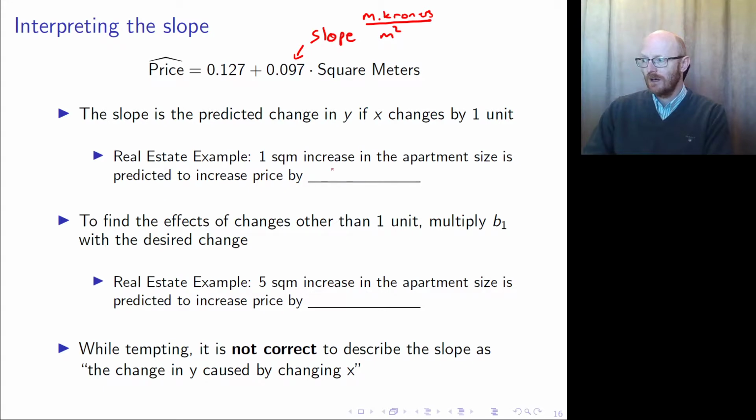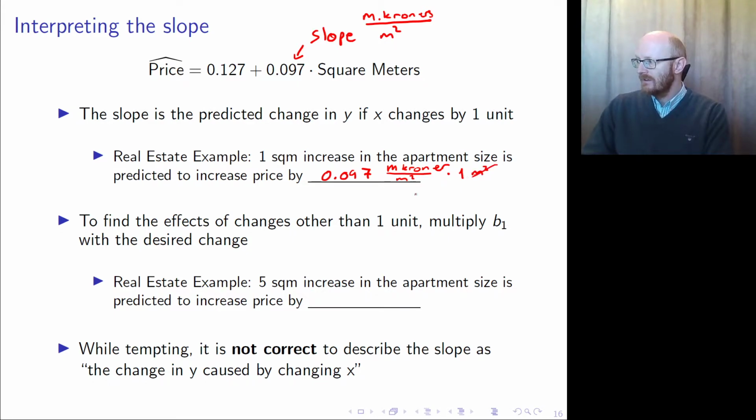So for example, if you have a 1 square meter increase in the apartment size, it is predicted to increase price by 0.097, and if we include the denomination, we have million kroners per square meter times 1 additional square meter.